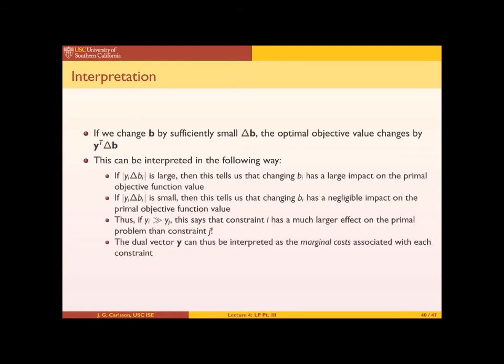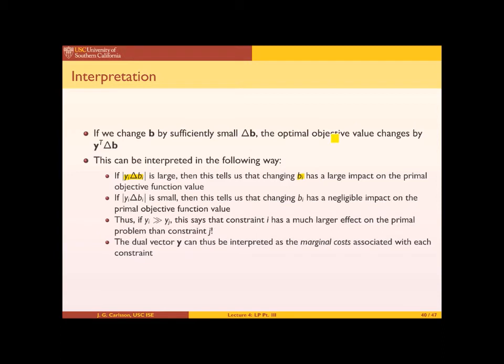What does it mean if you look at the ith dual variable, and the amount that you're changing the ith component of b? If that value is large, then changing the ith entry of b affects the problem a lot. It has a large impact on the primal objective value.